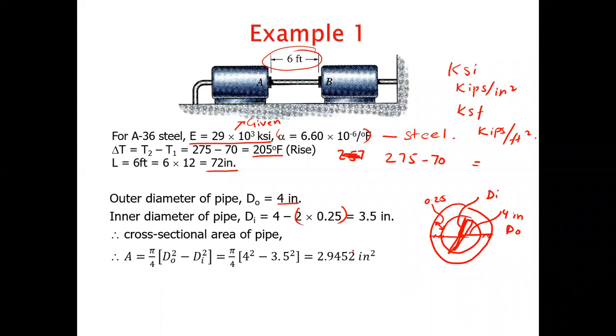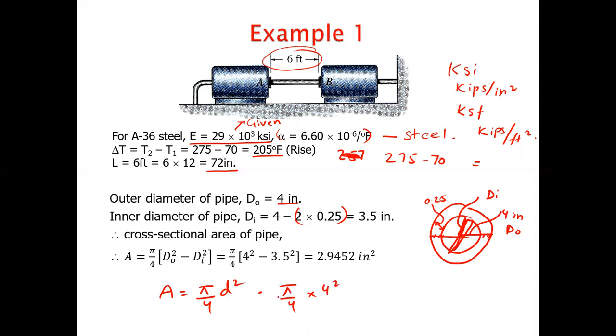Now the cross-section area of a pipe. Because this is a hollow pipe, we are using two diameters. Otherwise, what is the formula of the area? It is pi by 4 d square. If the pipe were solid, we would say pi by 4 into 4 square.